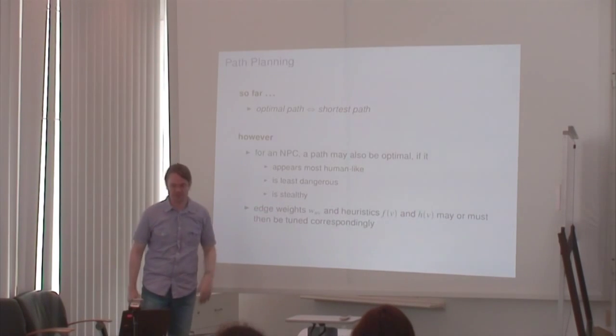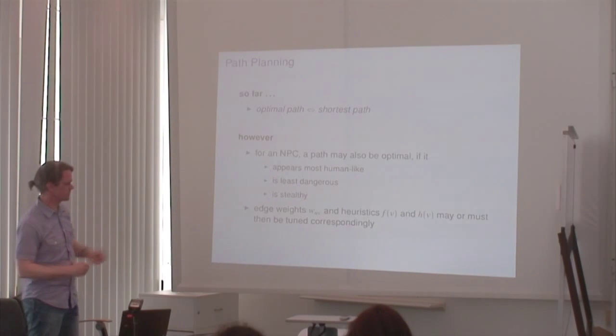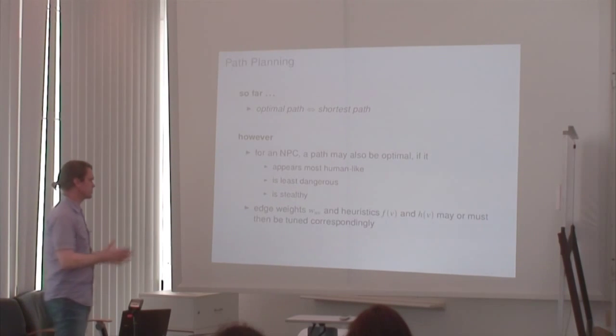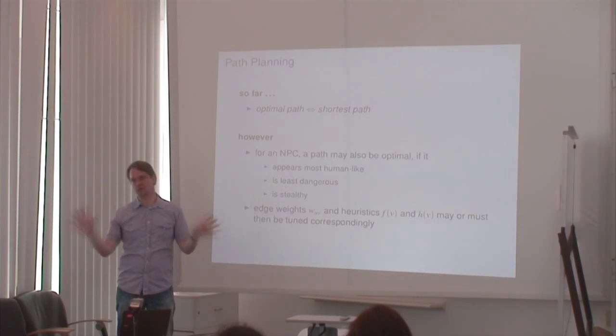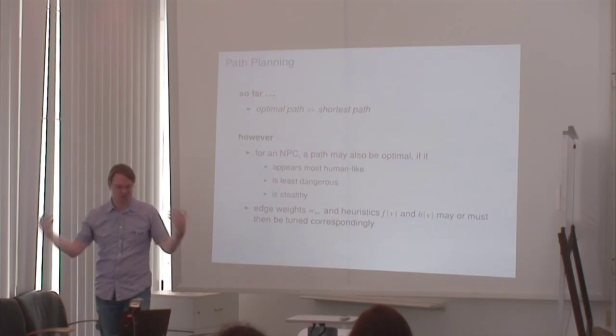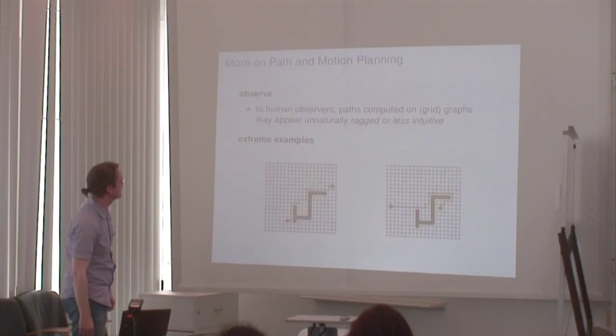We may have to update our notion of f, in particular of this heuristic h. So these things may or must be tuned correspondingly. That can be done. I am ignoring that because there are other ways of how to do that.